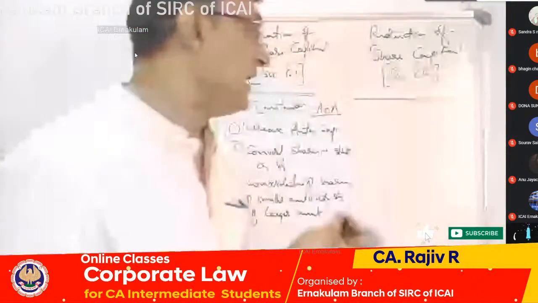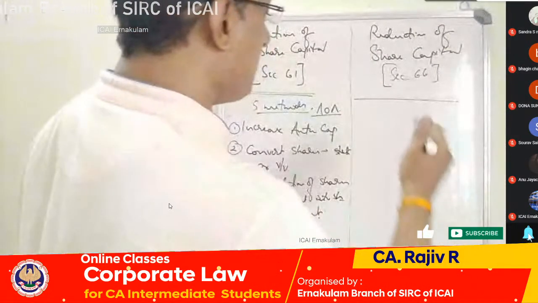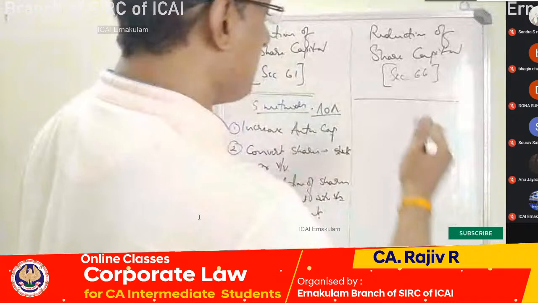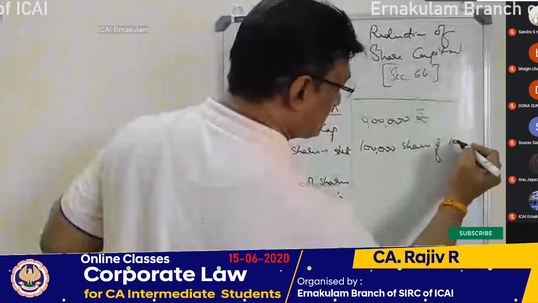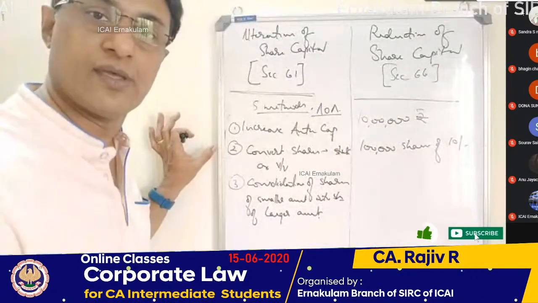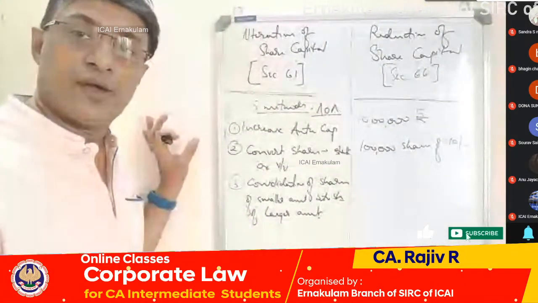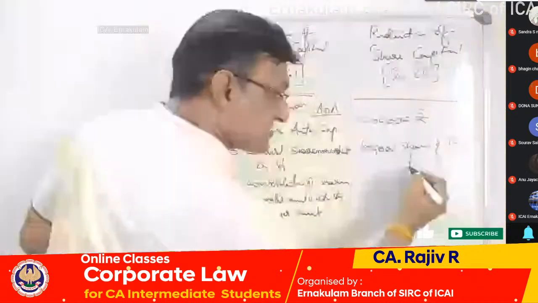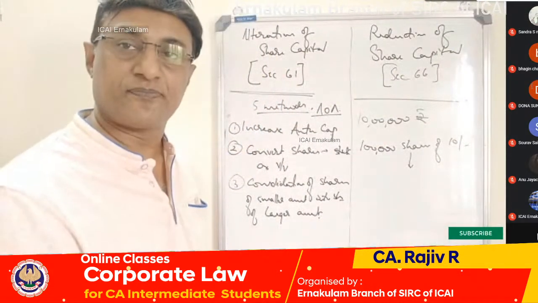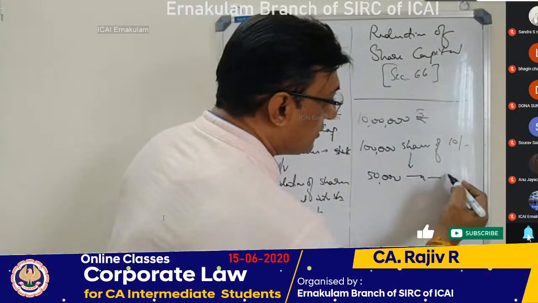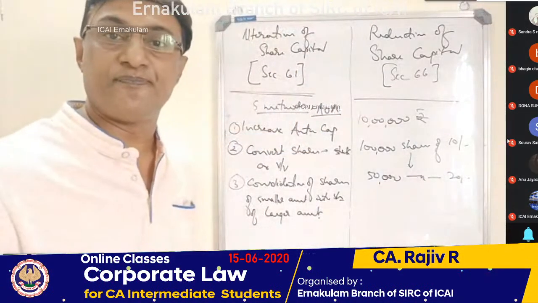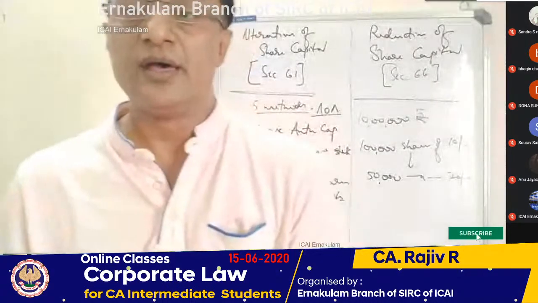For example, if a company has shares of 10 each, you can convert this or consolidate this as 550,000 shares of rupees 20 each. What is happening?